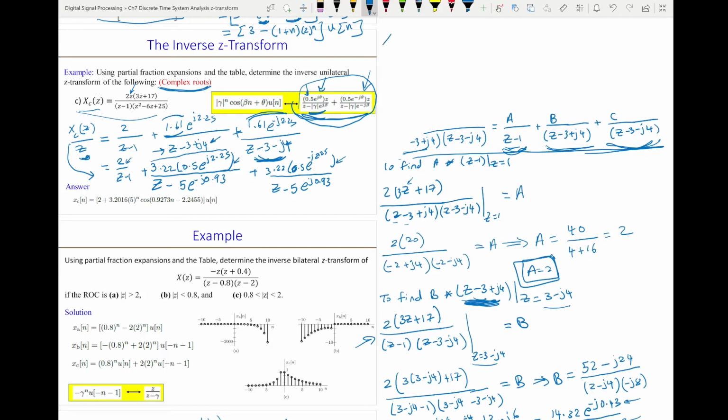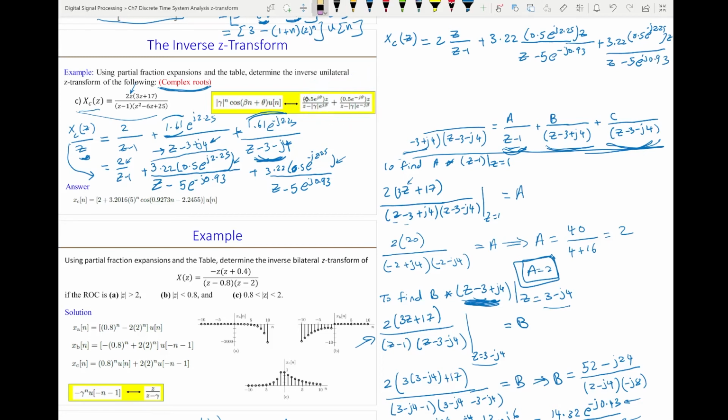So this will be X of z equals 2 plus... okay, so now let's compare it to here. So x of n will be, this is very simple.